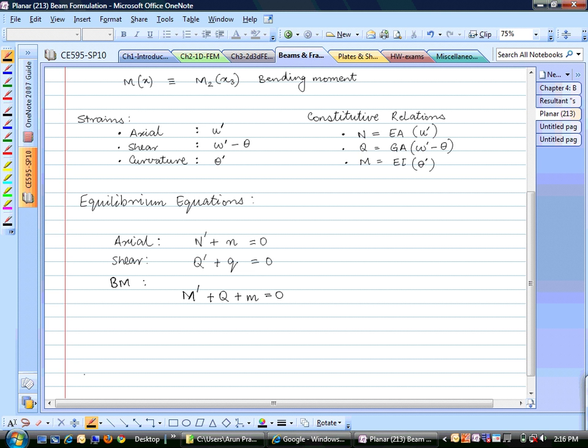And maybe these equations you're not familiar with, but let's see an equation that you might be familiar with. So m is given by this quantity. If I take the derivative of this equation, what do I get? The second equation, I'll just take the derivative of this equation, m double prime plus q prime plus m is equal to 0.